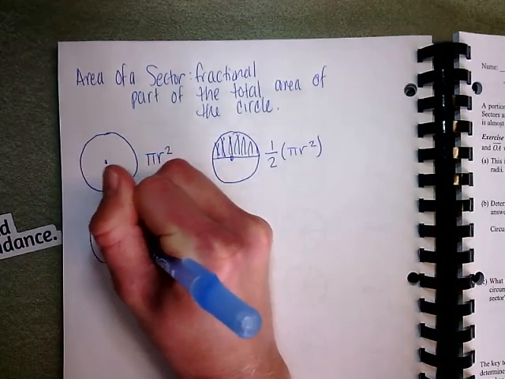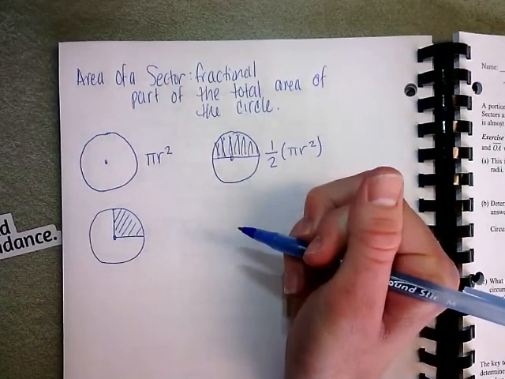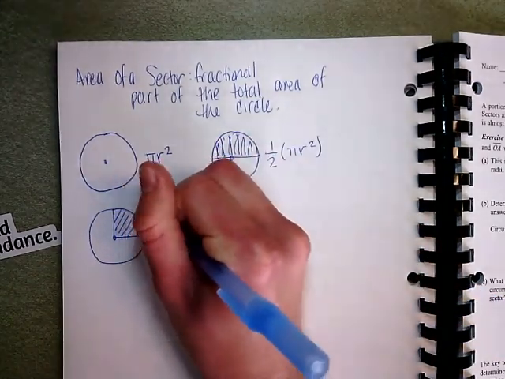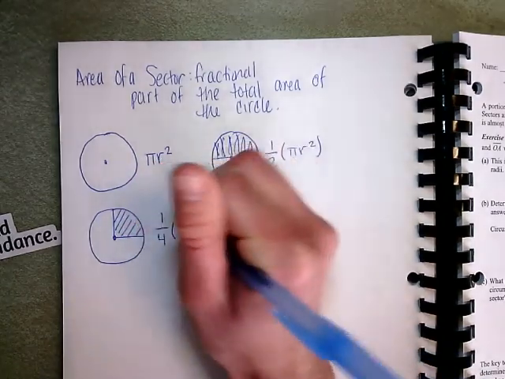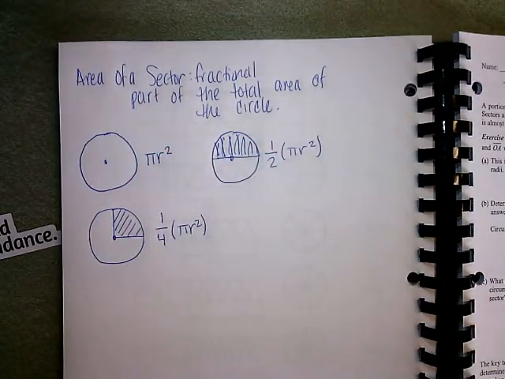So same goes for this, right? If I wanted to find the area of this section of the circle, this is 1/4 of the circle, so I would do 1/4 of the total area of the entire circle, okay?